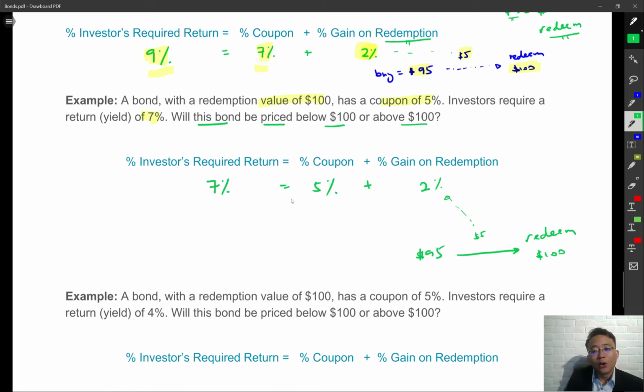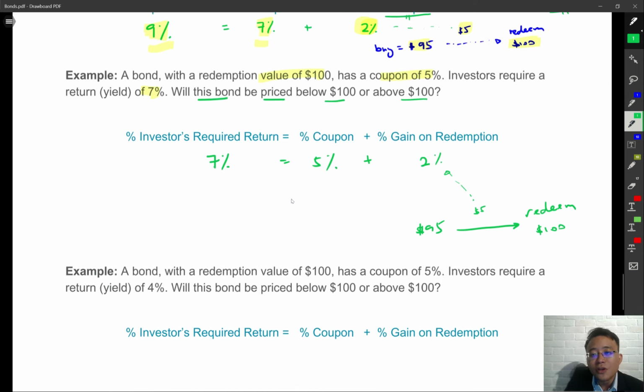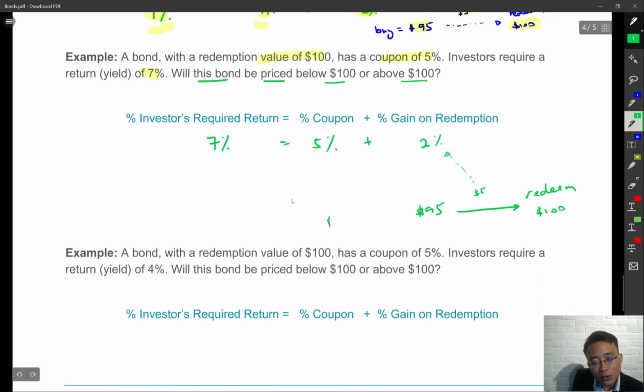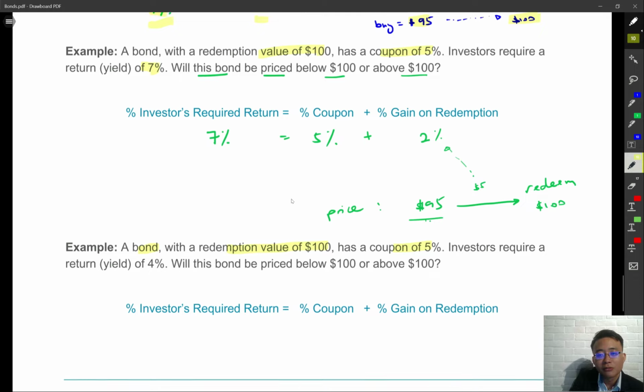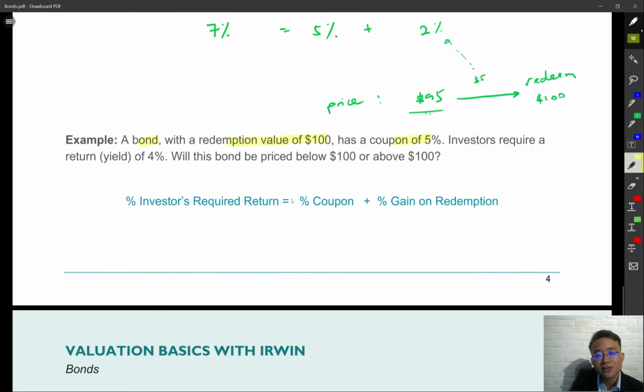Okay? Now, let's start to see whether this relationship is true. So now, in this question, my bond price is 95. Let's take the exact same bond. A bond with a redemption value of 100 has a coupon of 5%. Investors require, look at it, 4% next.